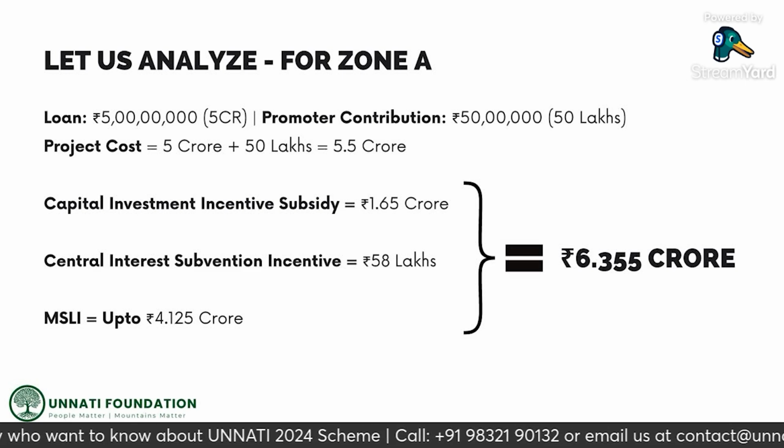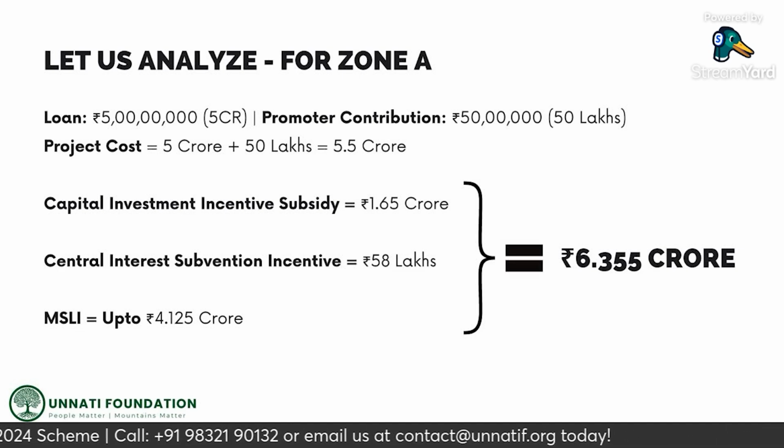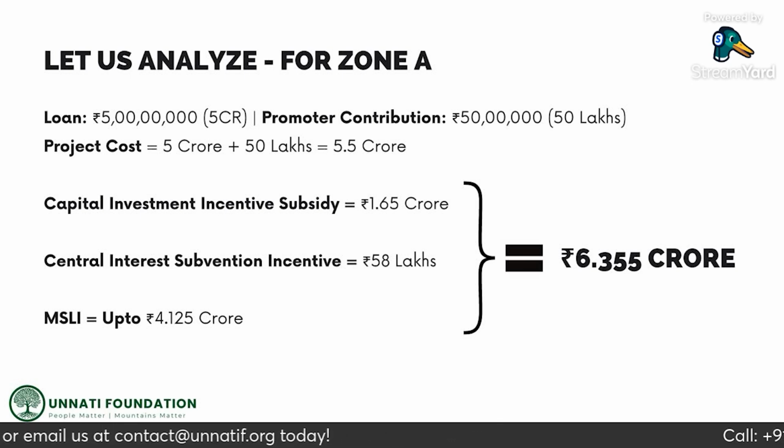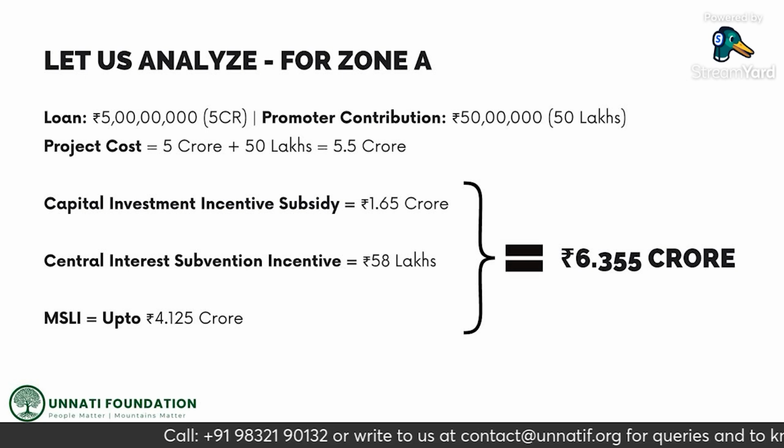So this is much larger. I want you to observe this, the government of India is incentivizing performance. And you can see that the MSLI, that is the manufacturing and service linked incentive component, is the largest at 4.125 crore.